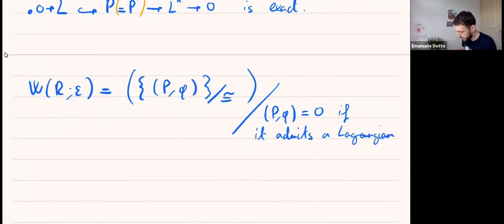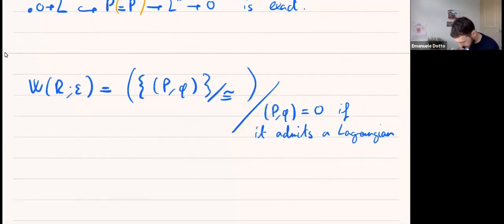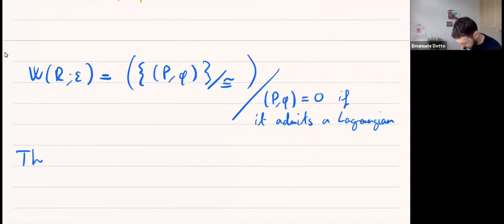This is a quotient of monoids, and this is called the big group of R. It's an observation you need to make that this is in fact a group.